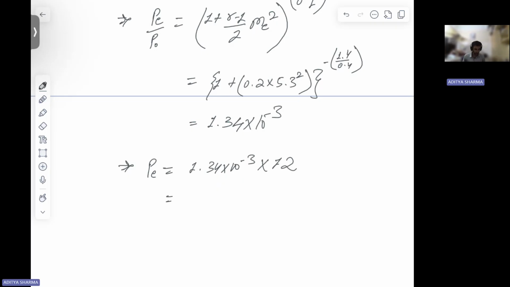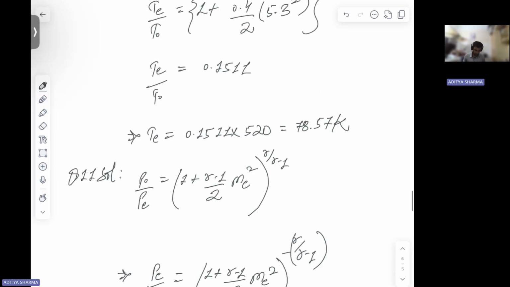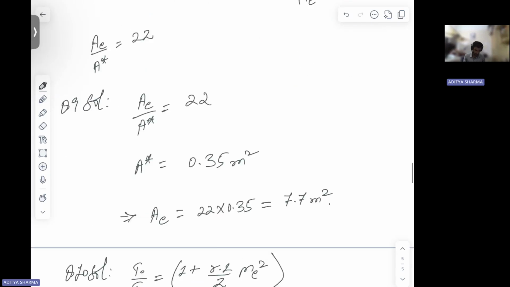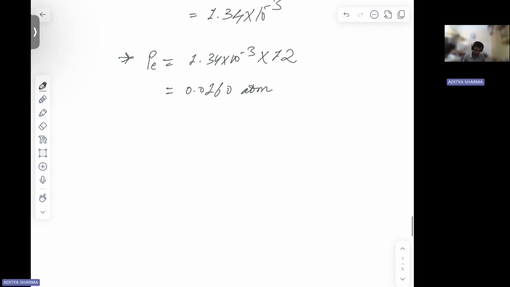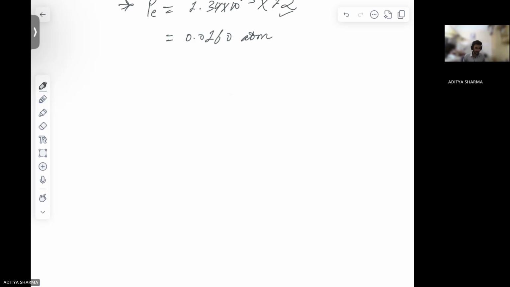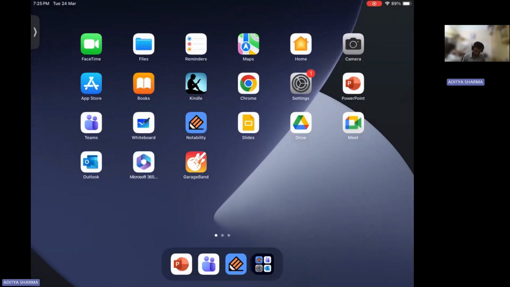So this is coming out to be 0.0160 atmosphere. So this has not been converted into Pascal. So this is atmosphere. So this is 0.0160.